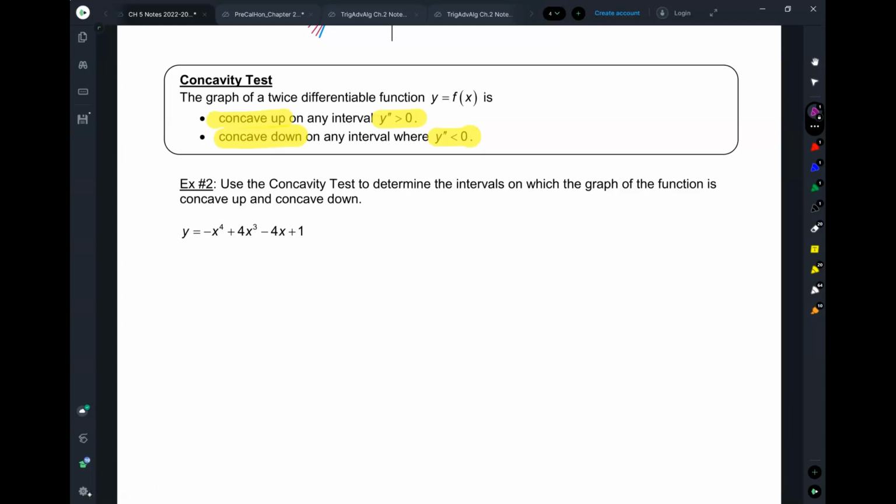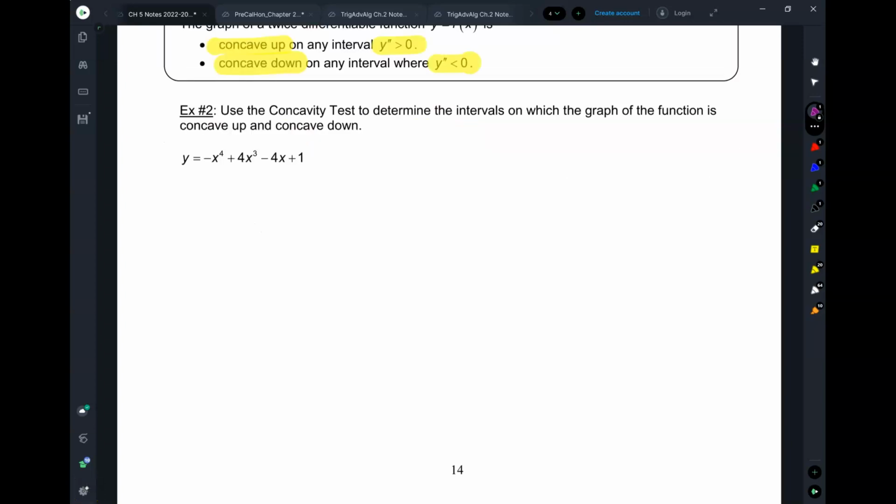Let's do this example, and you know how to do this. Wait, why second derivative? Okay, go with this. Let me do the problem. Use the concavity test, which means second derivative.